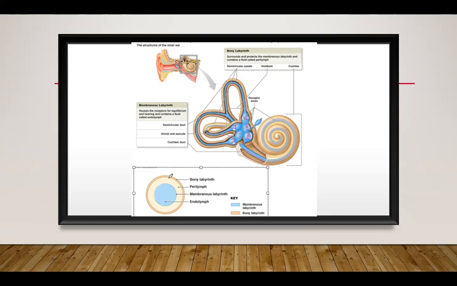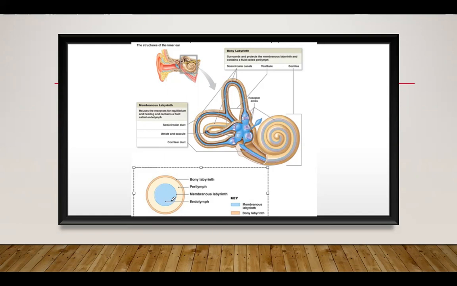Inside of it is empty, right? So what is it filled with? It's filled with this lighter yellow color, which is a fluid called perilymph. Now, at the center of the perilymph, you have this blue fluid called endolymph. And the space where the endolymph actually runs is called the membranous labyrinth.